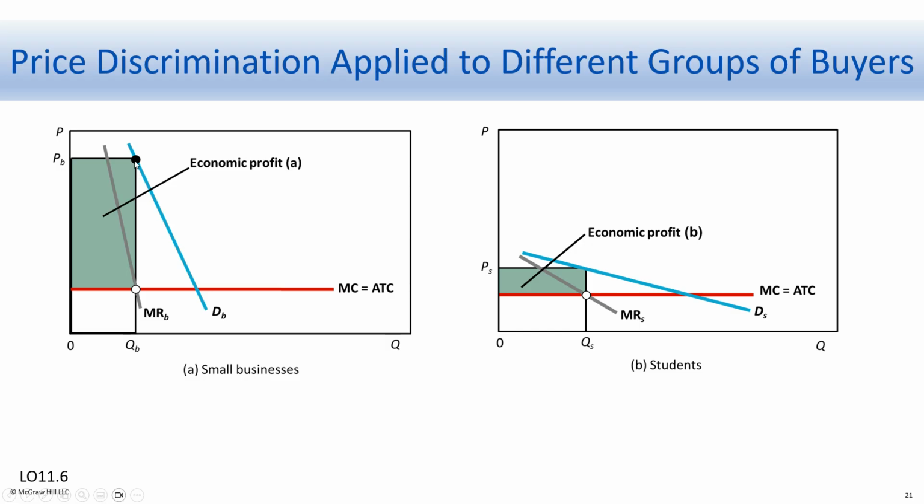So if you're a monopolist, you're a monopolist in each of these submarkets. So the price here is going to be higher than it is over here. In both cases, you equate marginal revenue and marginal cost, and then you look up at the demand curve to see the price. All right, so this is a price discriminating monopolist. Does it make sense? How they're treating two different populations differently.